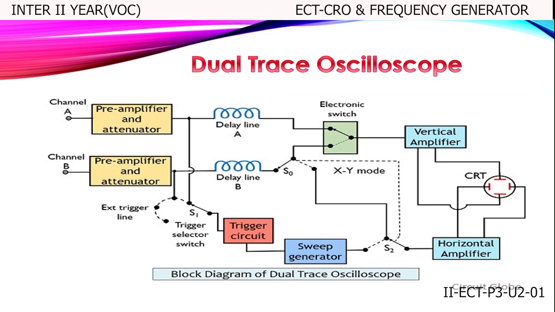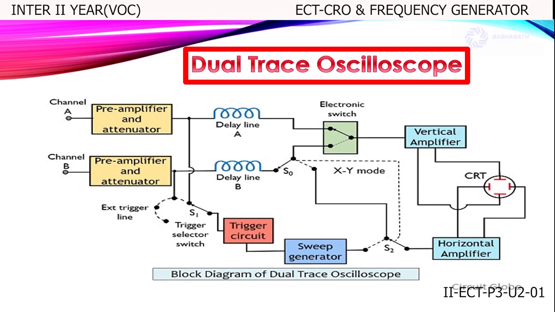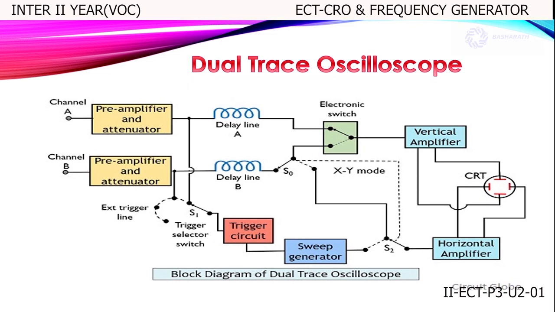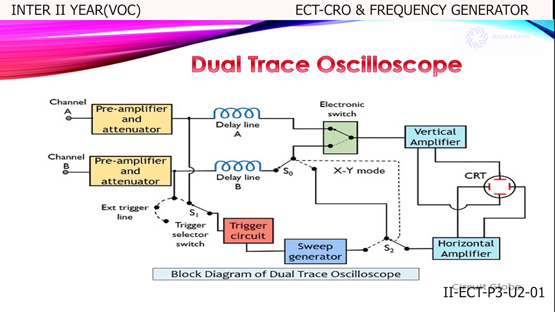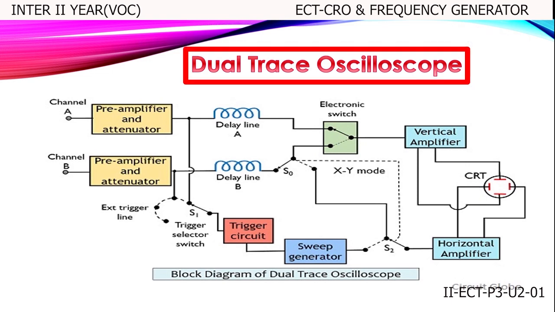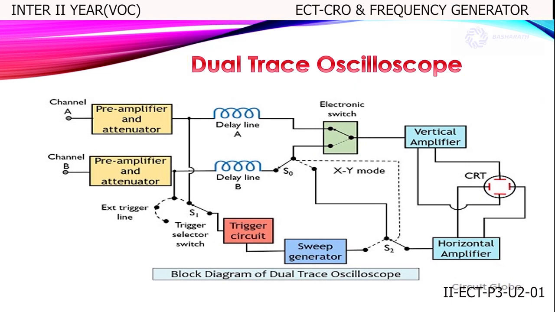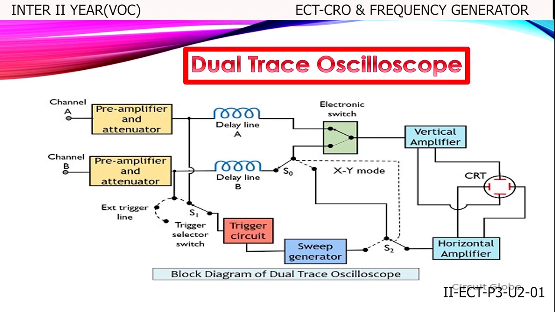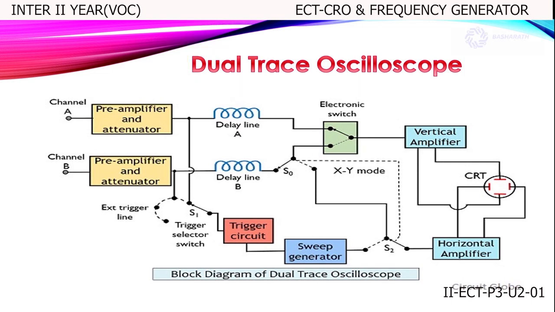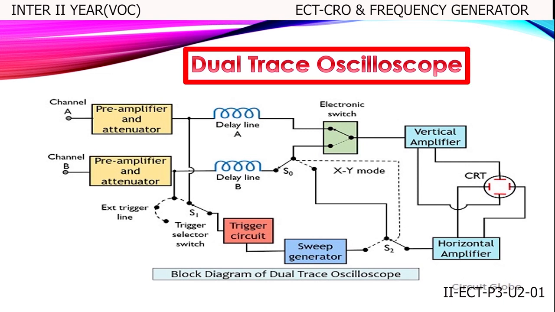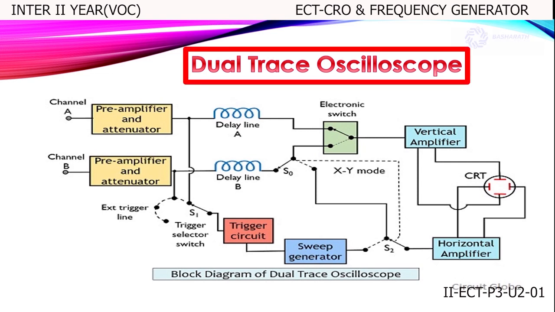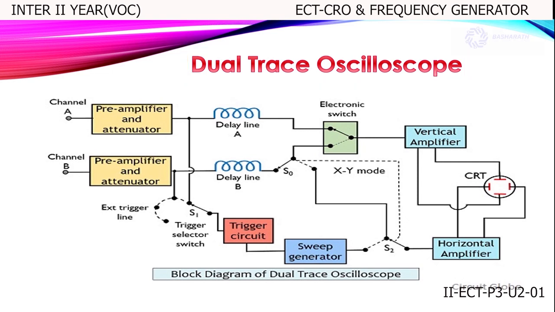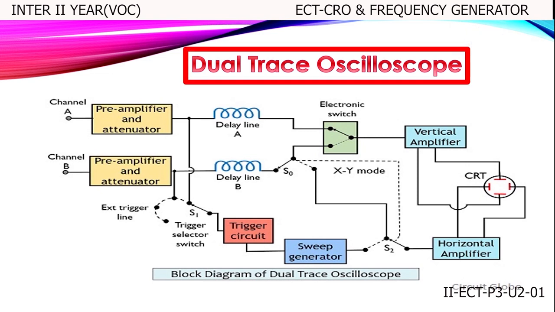The circuit also has a trigger selector switch that permits the circuit triggering with either A or B channel input or with the externally applied signal. The signal to the horizontal amplifier is fed through the electronic switch by either the sweep generator or channel B by switches S0 and S2.